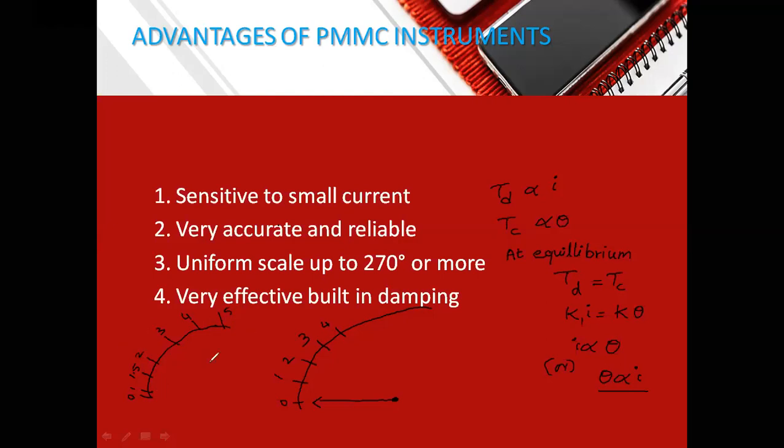So this happens only when the scale is not uniform. But in PMMC, we can have a uniform scale, that too up to 270 degrees. That means generally we see around 180 degrees maximum deflection, but we can also have 270 degrees and even more than that. This is more than sufficient for us to have a comfortable viewing of the meter reading.